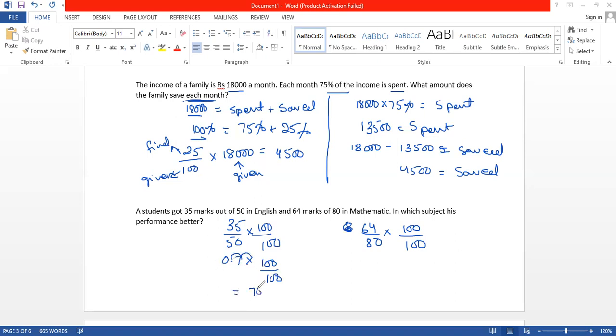So this is 70 over 100, or you can write it in the form of 70%. And if you do it for the other one, 64 divided by 80 gives you 0.8. So this gives you 80 over 100, which is equal to 80%. So you can now see which performance was better. So the performance was better in mathematics because it has a higher percentage.